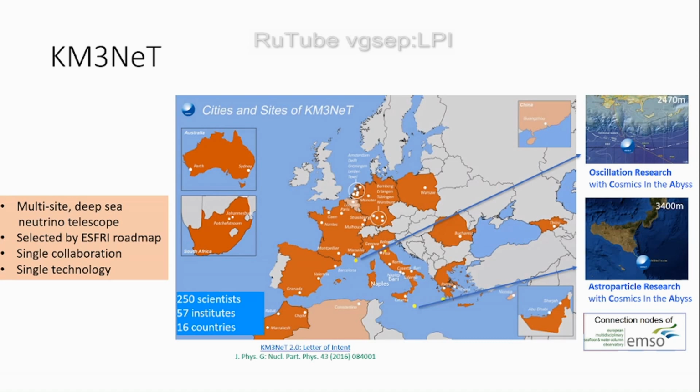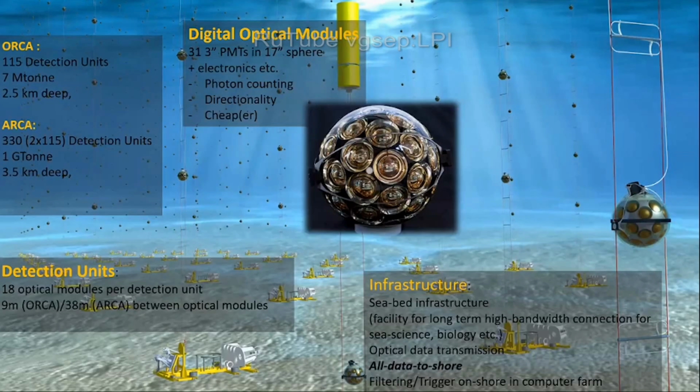We use exactly the same technology for both detectors. Only the scale is a bit different. We're mostly a European collaboration, but we also have collaborators in Africa and in Australia. The technology used in KM3NeT is a bit different than in ANTARES. It's an evolution of this.